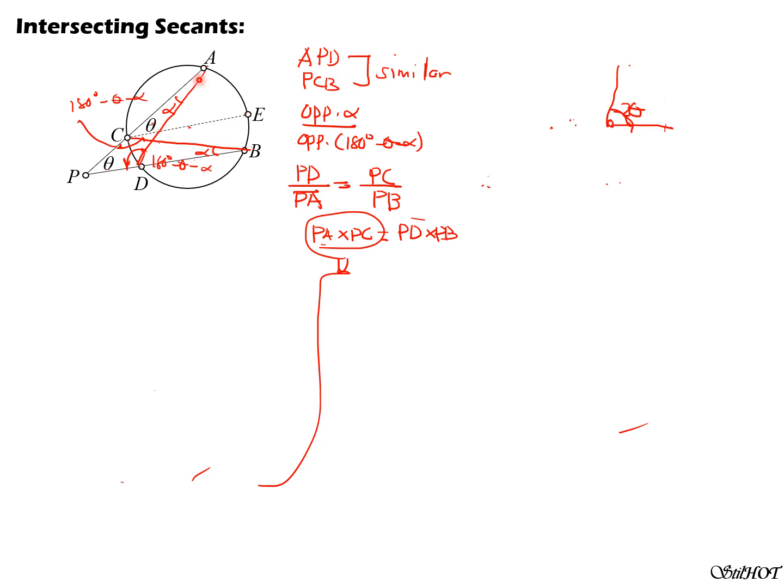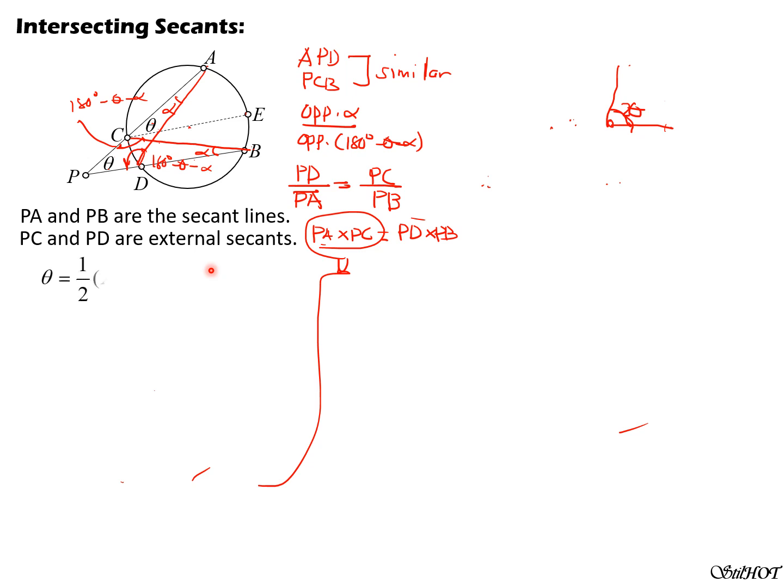So by principle, theta is 1/2 arc AE. By the way, we call PC and PD external secants. So theta is 1/2 arc AE, and arc AE is equal to arc AEB minus arc EB. We then note that arc EB is equal to arc CD, so we replace that by arc CD.